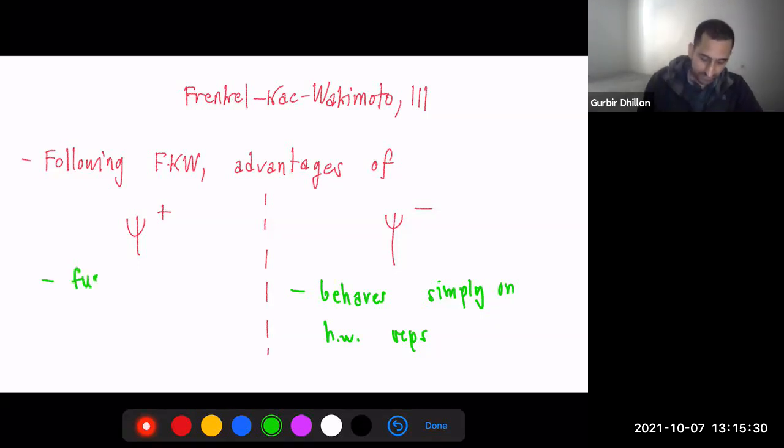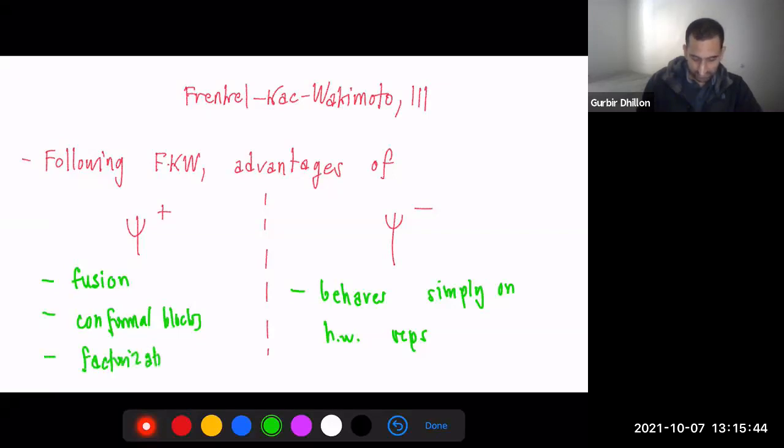For the plus reduction, if you want nice compatibilities with fusion products, or to relate things like conformal blocks, in other modern parlance, for things of a global nature, or colliding different points and taking a fusion product, these factorization things, psi plus is going to play nicely with those in a way that psi minus won't. So it seemed to them that you need to consider both. And as far as I know, that's still the case.